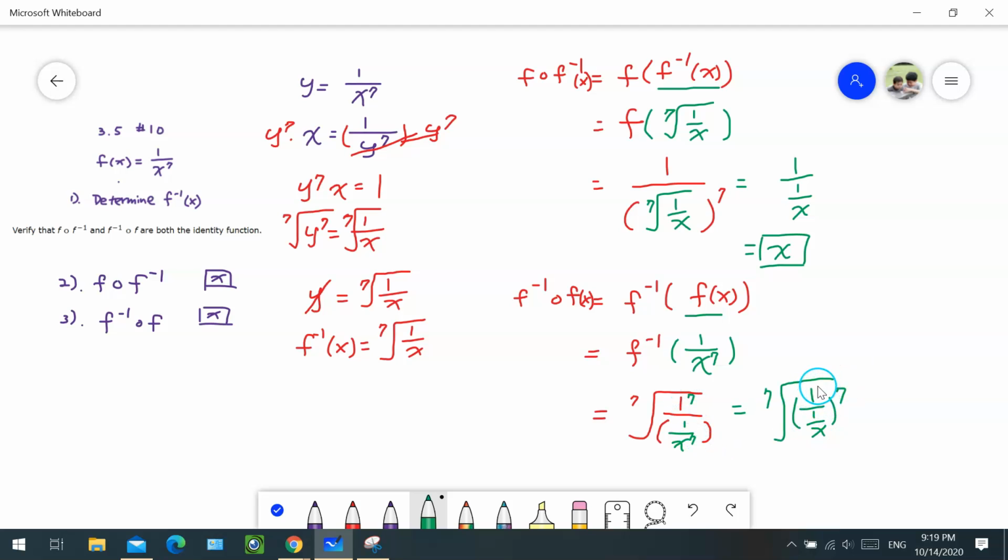I can rewrite into 1 over x, everything to the power 7. Now, the power 7 can be cancelled with the 7th root. So here, we can reduce the power 7 with the 7th root. So it gives us 1 over 1 over x, which is just a single x. So just x.